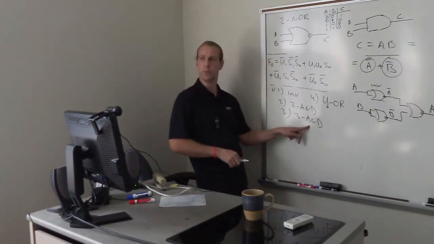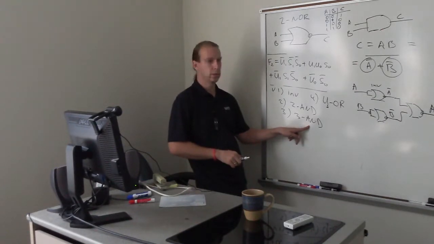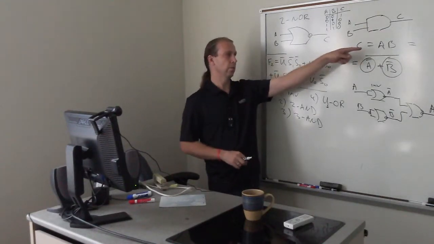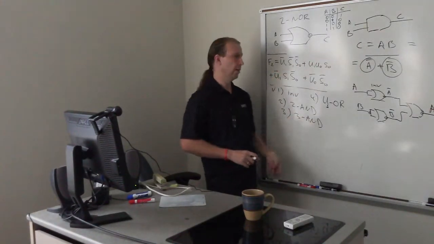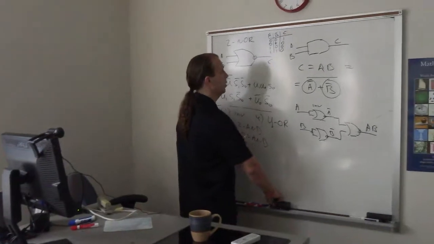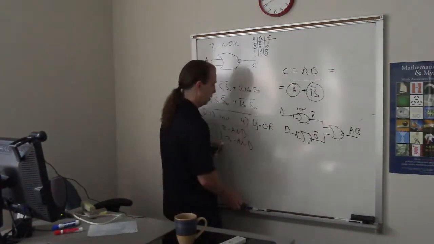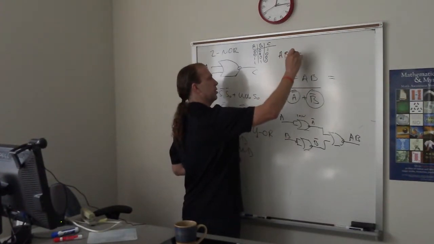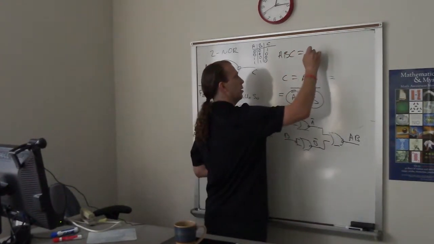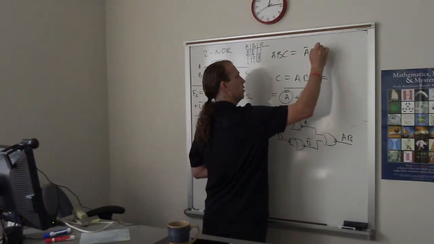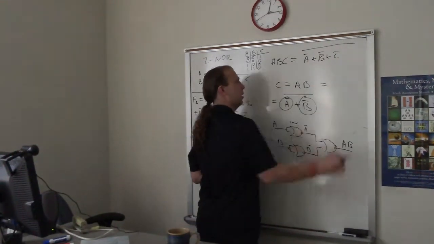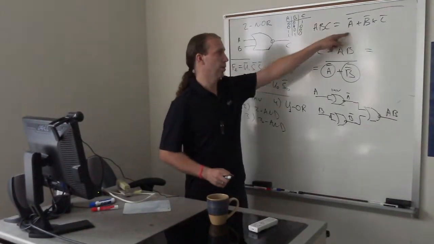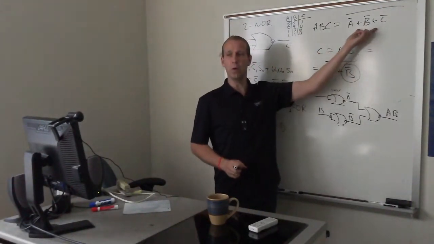In the same way, you can implement 3 AND. Again, use De Morgan's law, in other words, name ABC as not A plus not B plus not C. So for this purpose, we want to have inverters and 3 NOR.